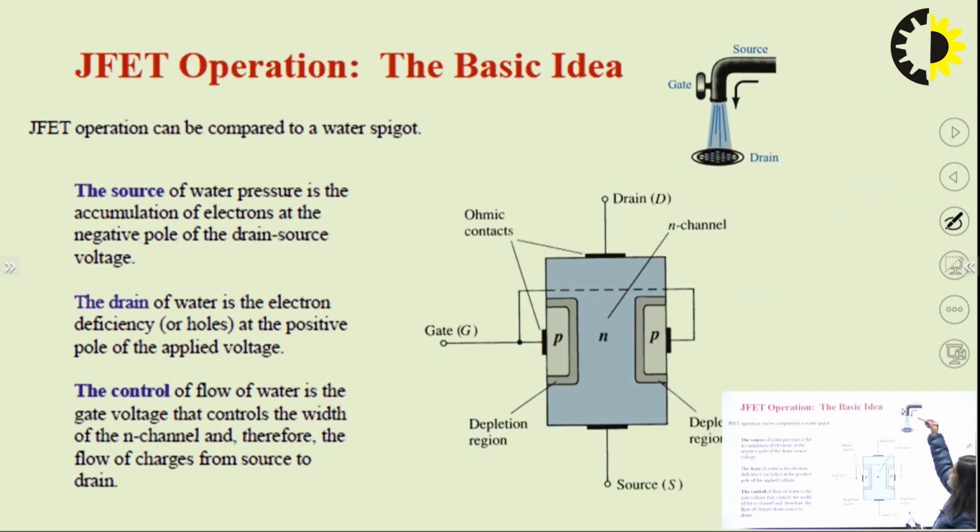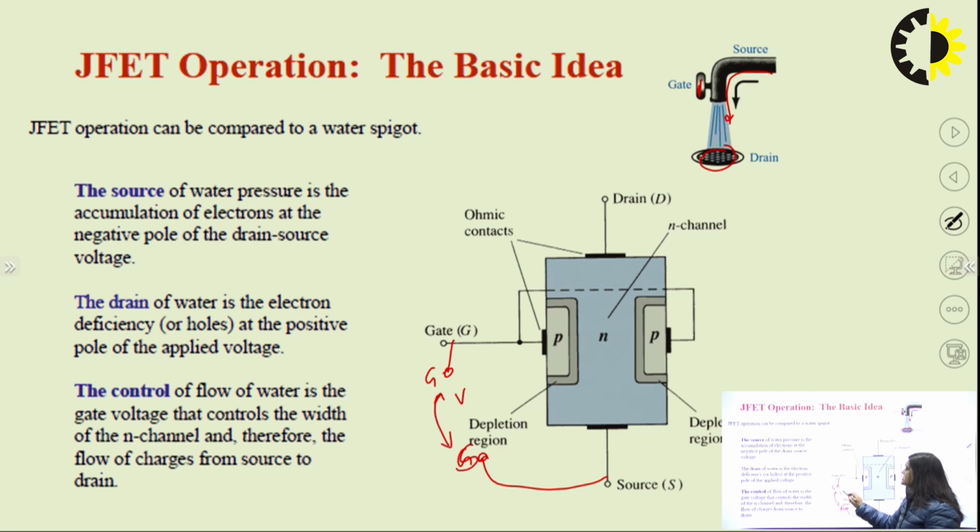Now I have explained this like a tap: water is coming from this point and collecting here at the drain side. This is the collector, this is the source, and this is the gate. By screwing this gate, we can control the flow of water from the tap. Similarly here, the potential between gate and source is this VGS.